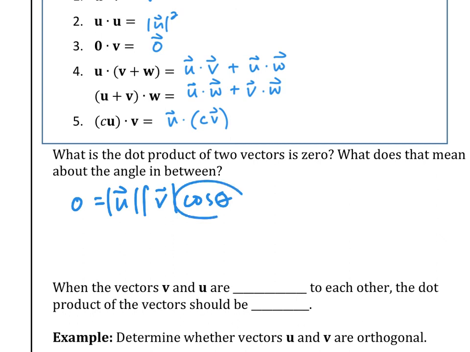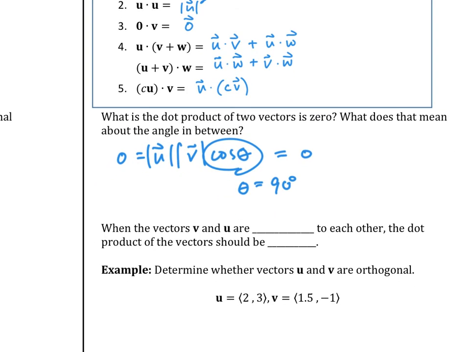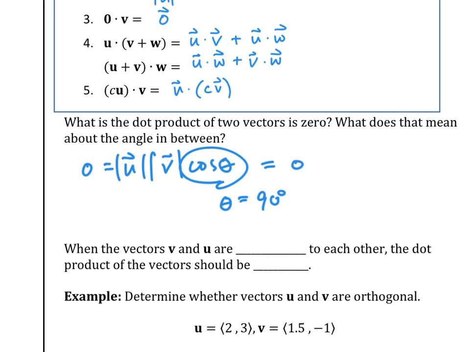So that means cosine of something is equal to 0. So the question is, cosine of what angle is equal to 0? Well, that angle has to be pi over 2 or 90 degrees. Therefore, if you take the dot product and you get a 0, that means the two vectors are perpendicular to each other.